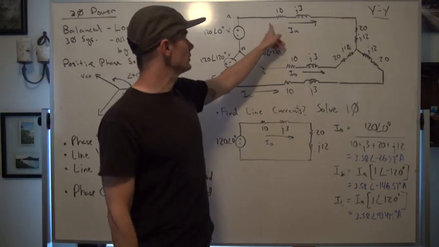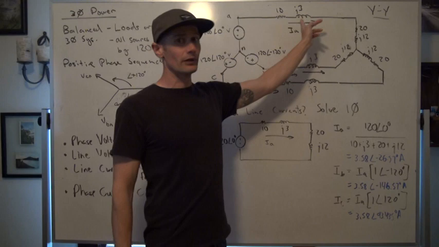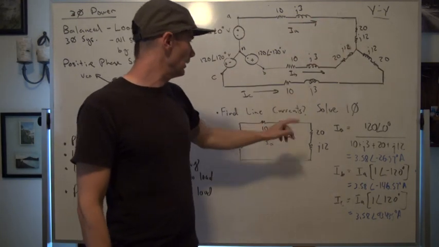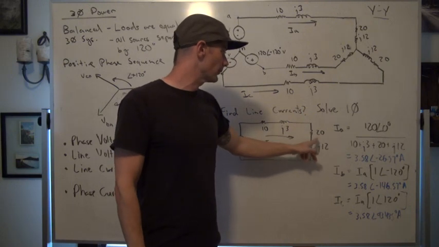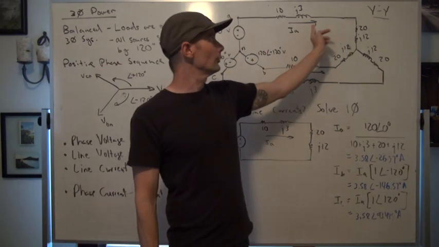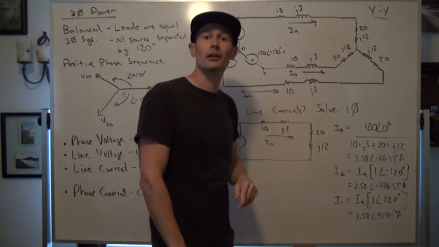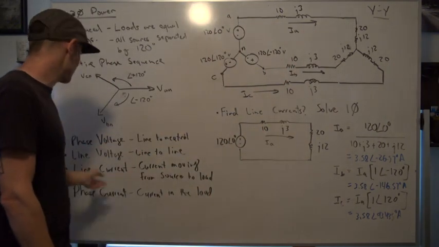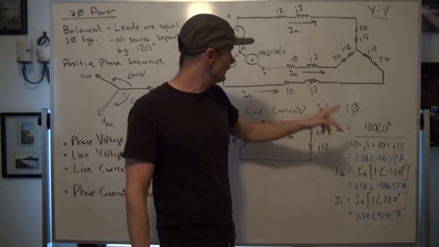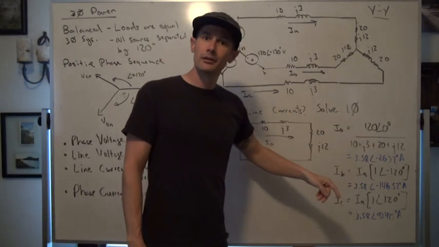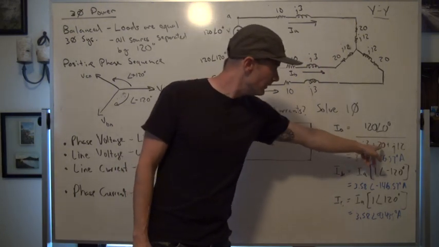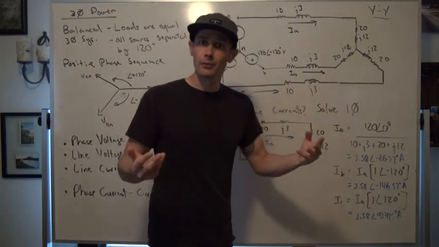All we do is take what we got from the line impedance to the load impedance. So 10 plus j3, and then the load impedance was 20 plus j12. Find the current that's actually flowing through that line from the source to the load, and once again, that's what we call the line current. Then just by KVL, 120 at an angle of 0 degrees divided by 10 plus j3 plus 20 plus j12.